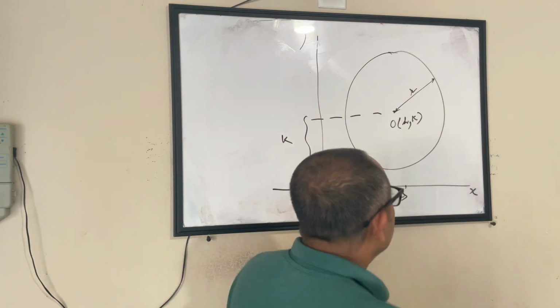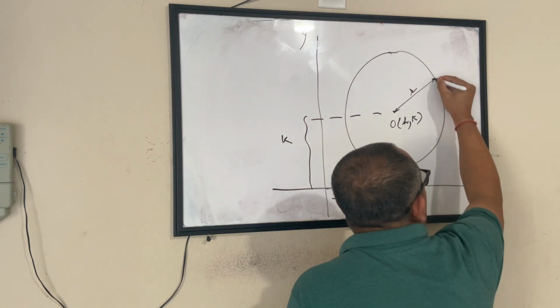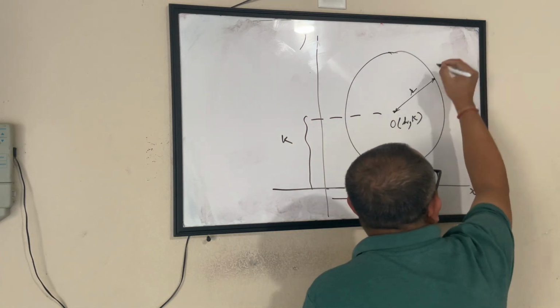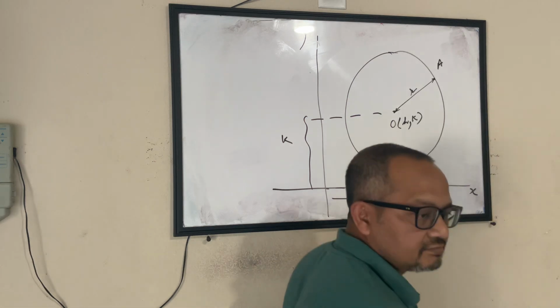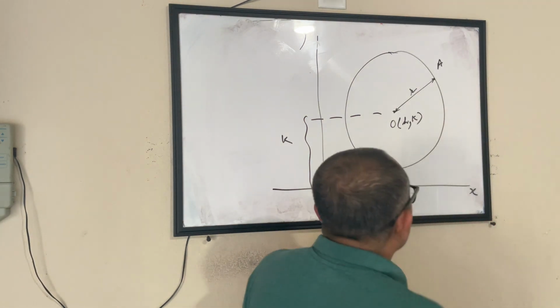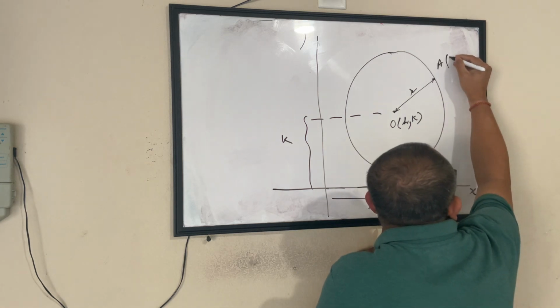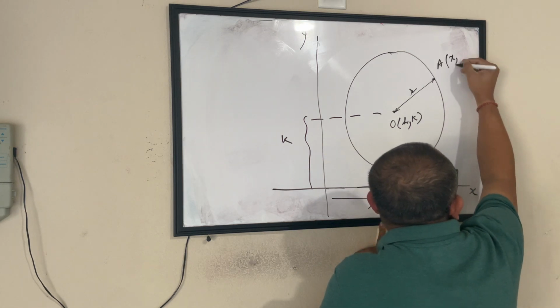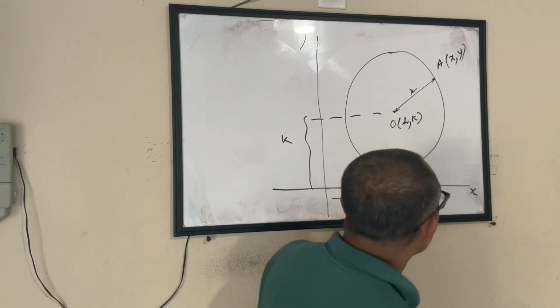Now, let's pick up a point here and call it A, and assume the coordinates of this point are x and y. What does it mean?